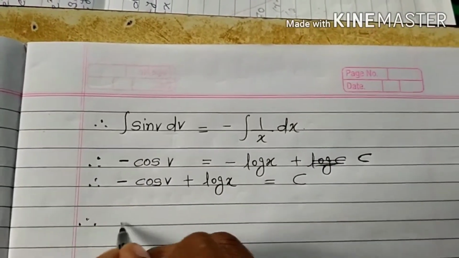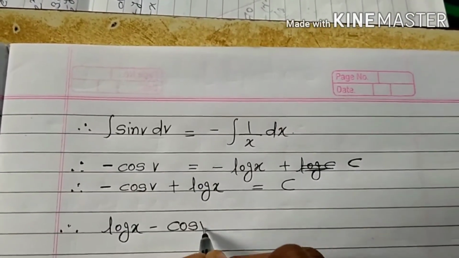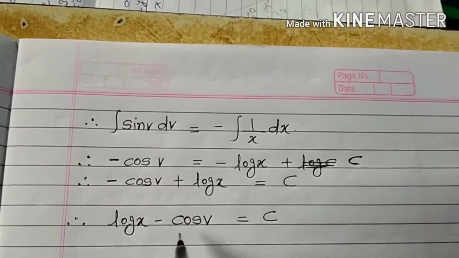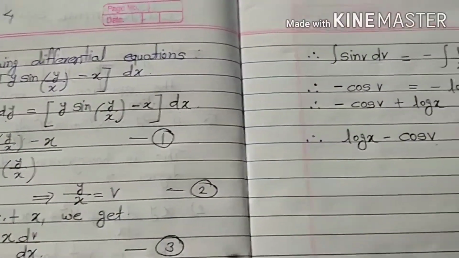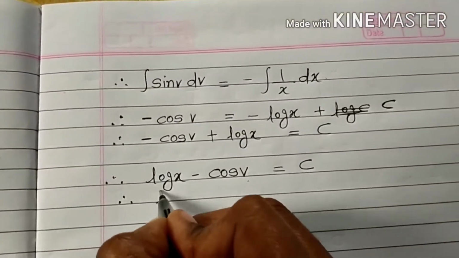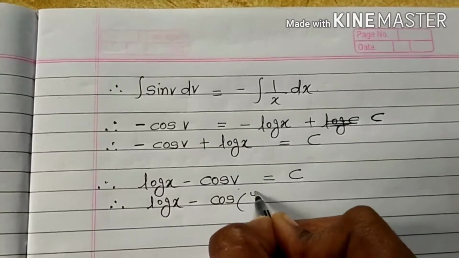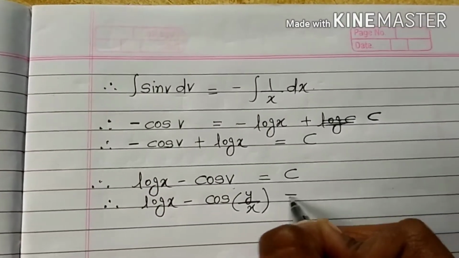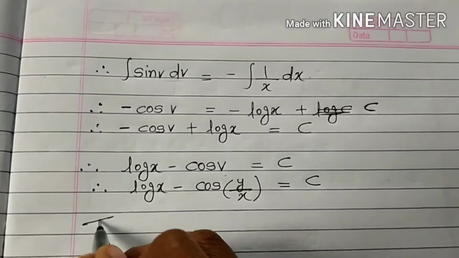So therefore log x minus cos v is equal to c. But what is the value of v? y upon x. So put here log x minus cos y upon x is equal to c.